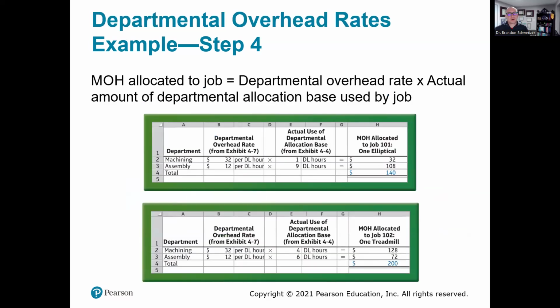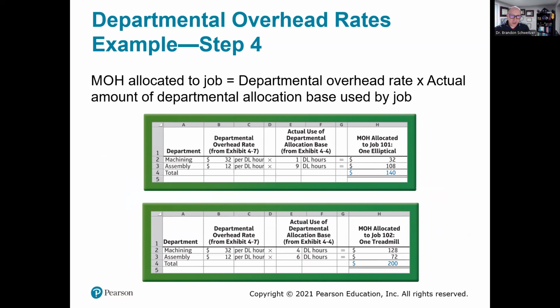So the fourth step in the process is the allocation to each job. We have to multiply the department overhead rate by the actual number of hours used in each department.